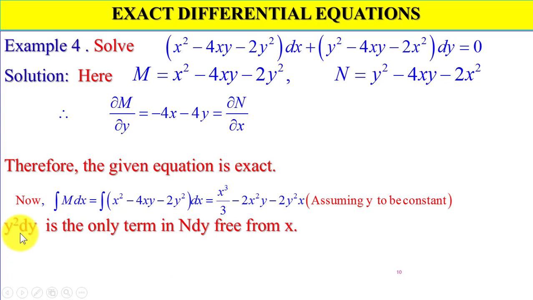Secondly, y² dy is the only term in N dy free from x, because 4xy contains x and 2x² contains x.